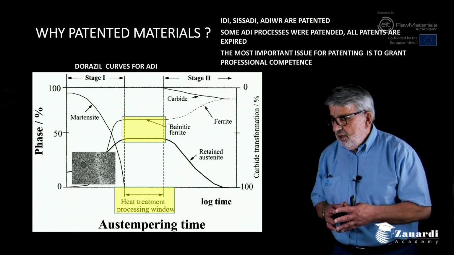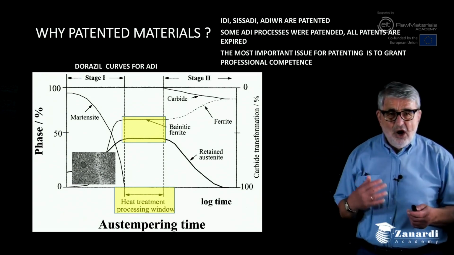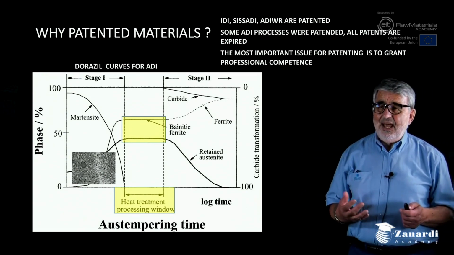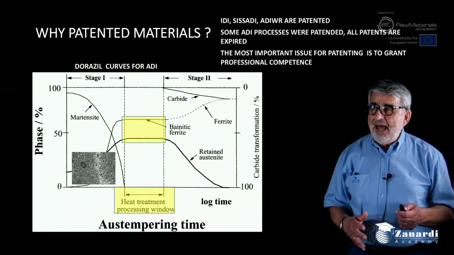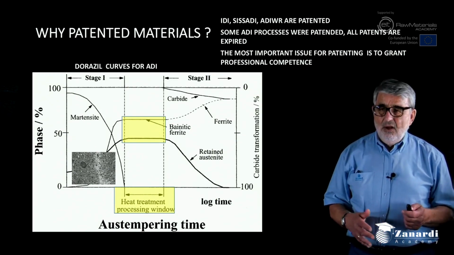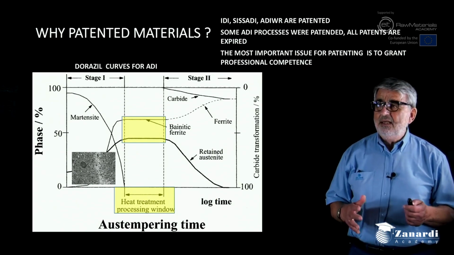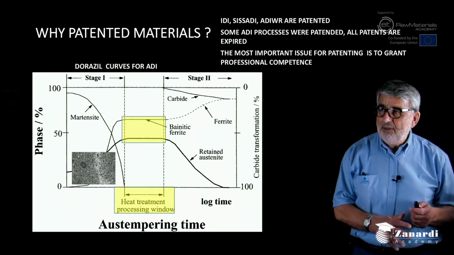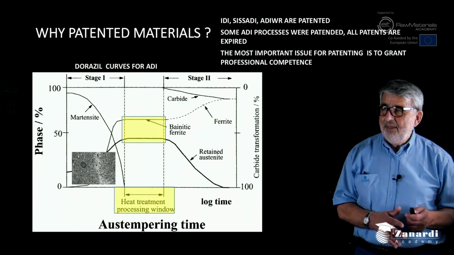But from the experience of ADI, we know that everything has to be run in the right and proper way, with the right and proper knowledge, with the right and proper people, with the right and proper plants.